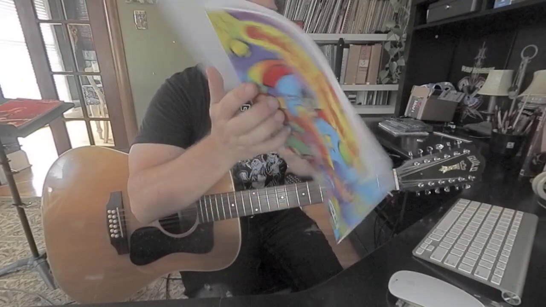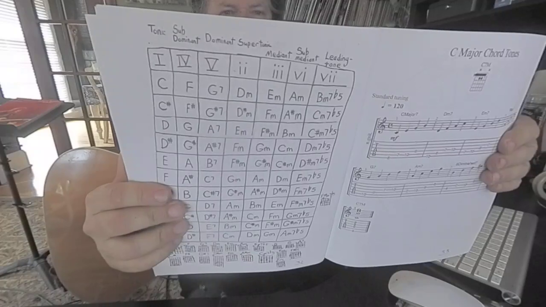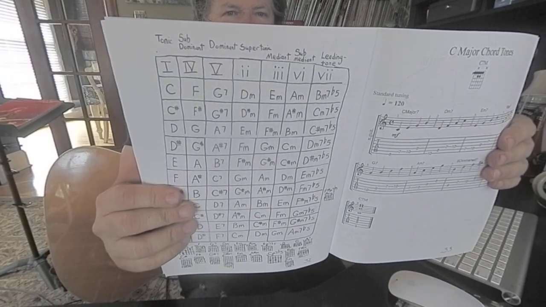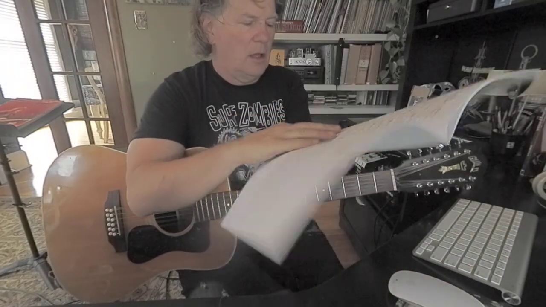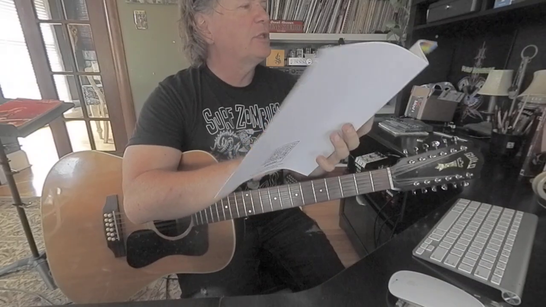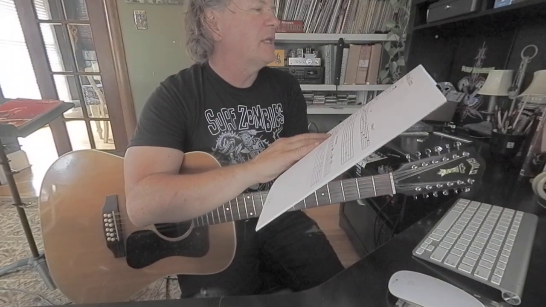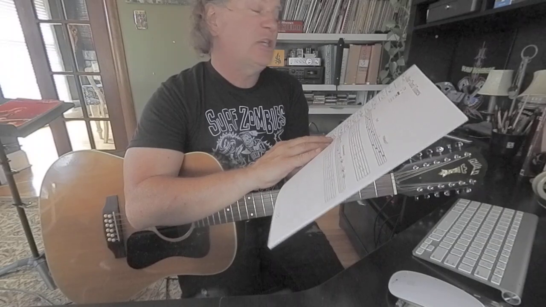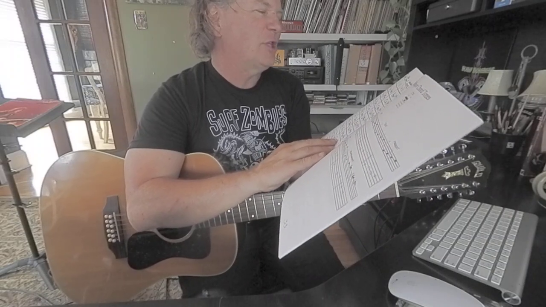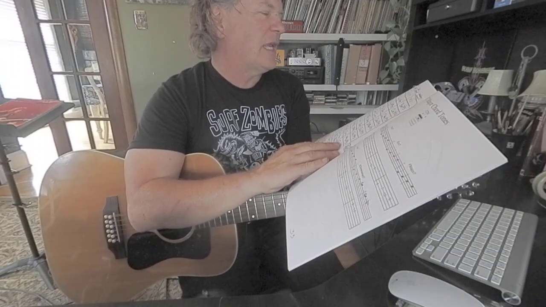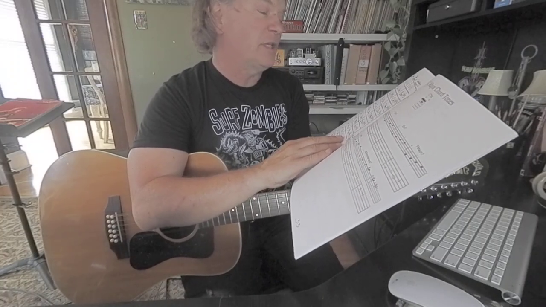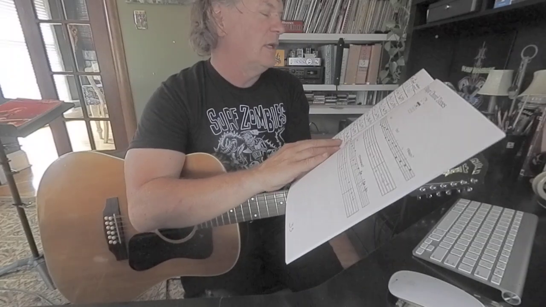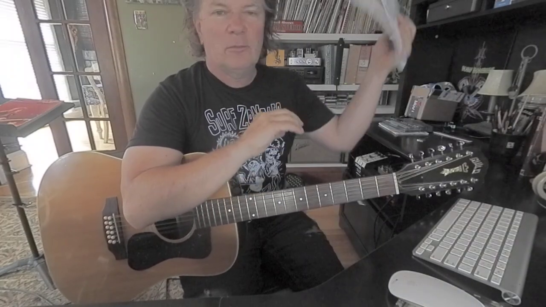But on page 32 are the chords in keys. So if you have my chord book on page 32, it's got the 1, 4, 5, C, F, G7. Then it goes to C sharp, F sharp, G sharp 7. Then it goes to the key of D, D, G, A7. Then it goes to D sharp, which is D sharp, G sharp, A sharp 7, and so forth. It goes all the way down.